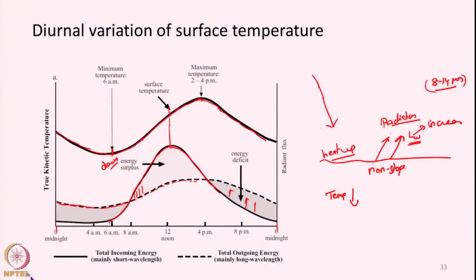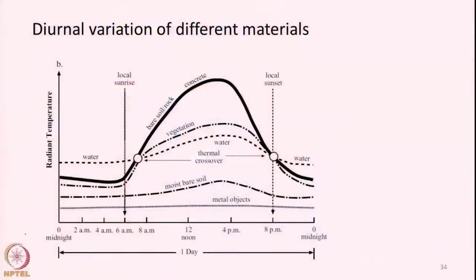Now we will quickly see some typical diurnal temperature pattern curves for a few earth surface materials. This dark black line is for bare soil, rock or concrete. This dotted line is for vegetation. This uniform dotted line is for water, then this is for moist bare soil.